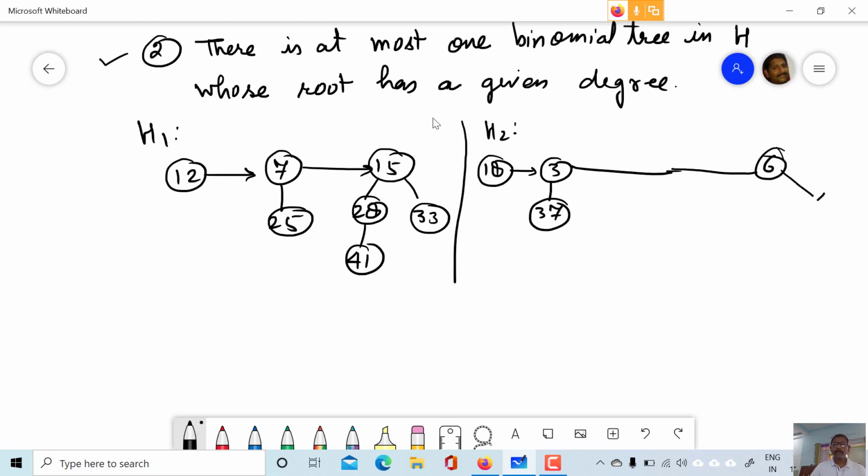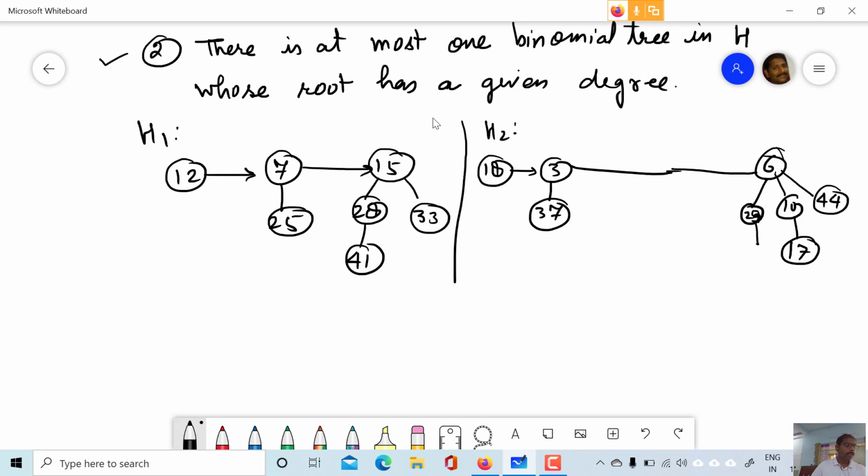From this side I am going to write 44, 10, and 17, and after that 29, 20.